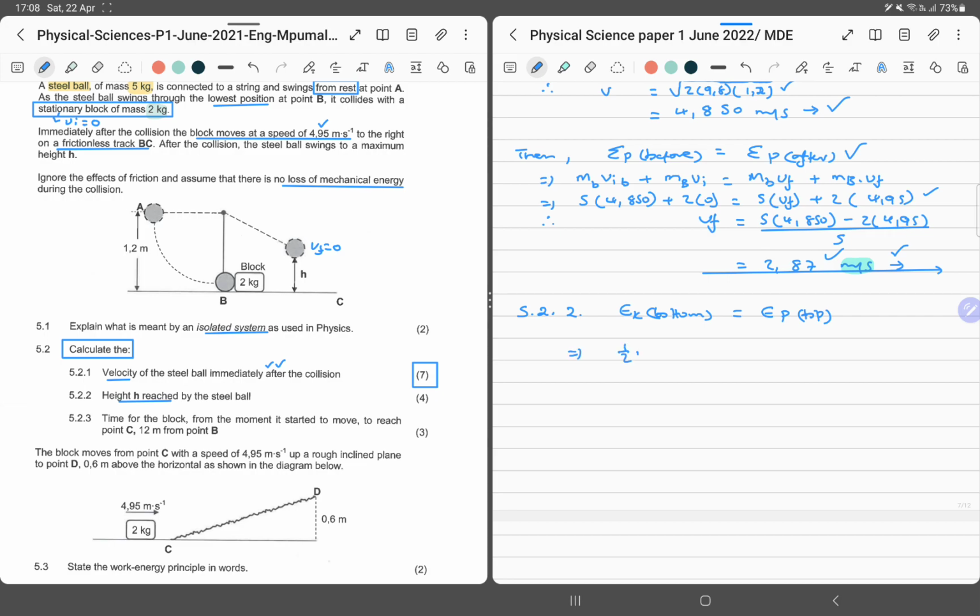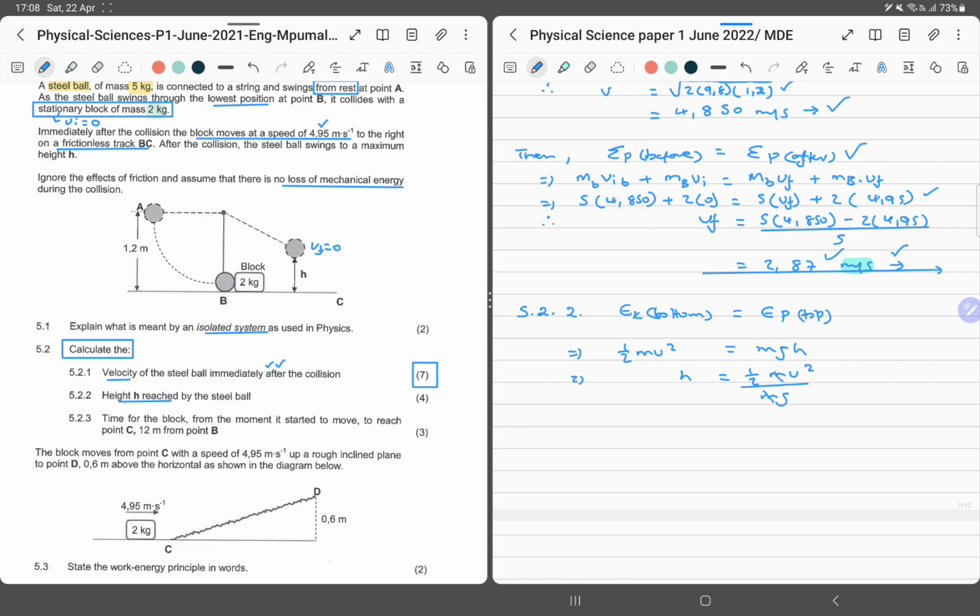So this is half mv squared is equal to mgh. So if I want h, what happens here? I just divide by mg. If I divide by mg, I'm going to have half mv squared divided by mg.